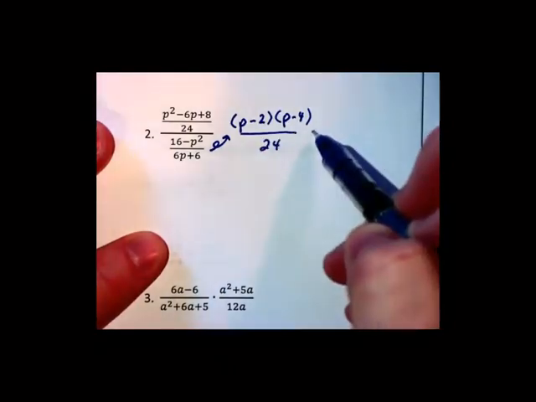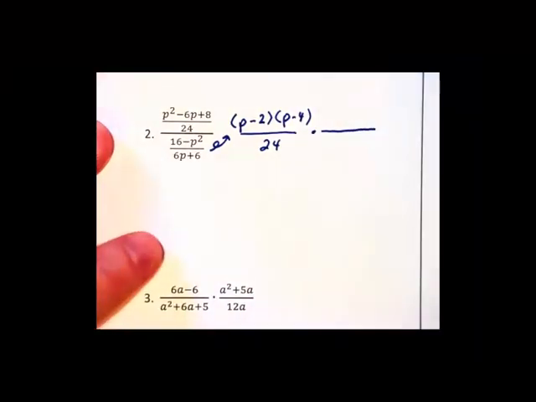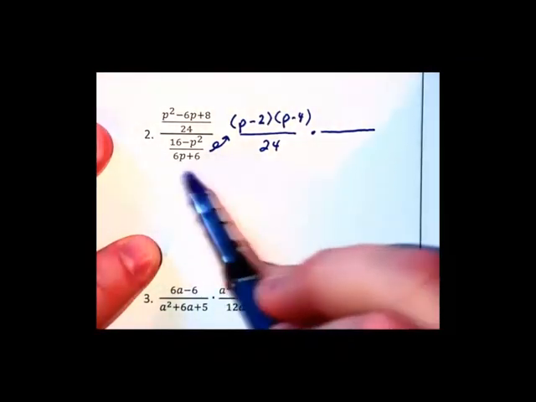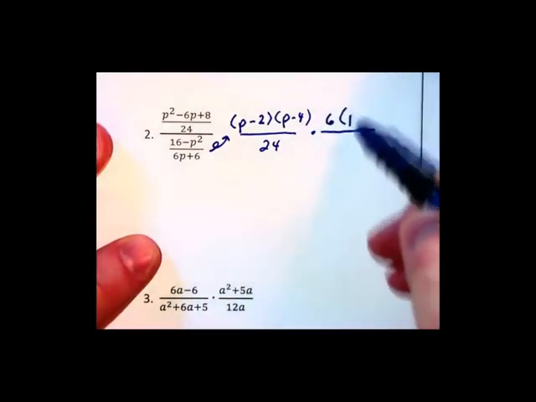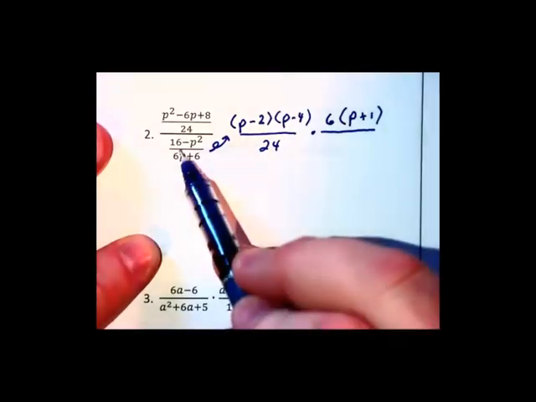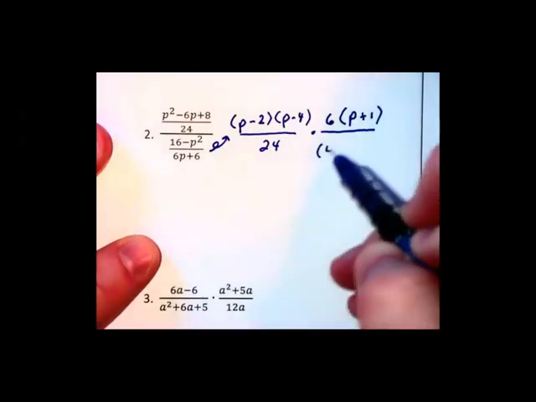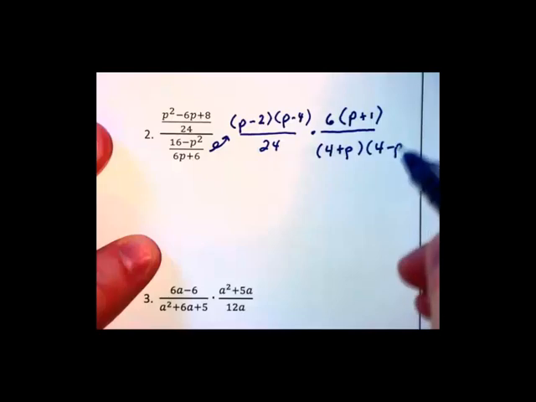And I'm going to turn that division into multiplication by the reciprocal of the next fraction. So that 6p plus 6, I'm going to move up to the numerator, 6 times p plus 1, factoring as I go. And the 16 minus p squared, which is in the numerator, now comes down to the denominator and becomes 4 plus p times 4 minus p.